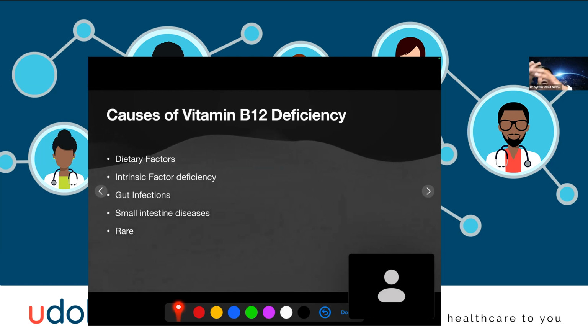Gut infections can impair our vitamin B12 absorption in the body itself, as in bacterial overgrowth. So remember, our gut biome has millions, if not billions, of cells. And these are, I would say, healthy bacteria that allow us to break down our food, etc. But in times of stress or an infection, the pathological bacteria will start to rise quite significantly, resulting in bacterial overgrowth.